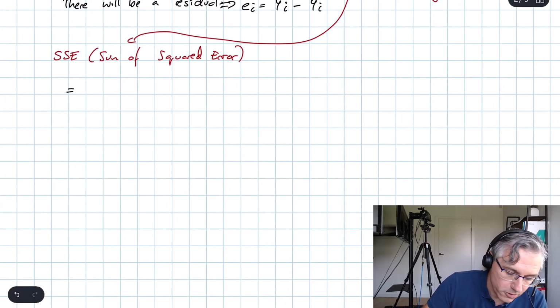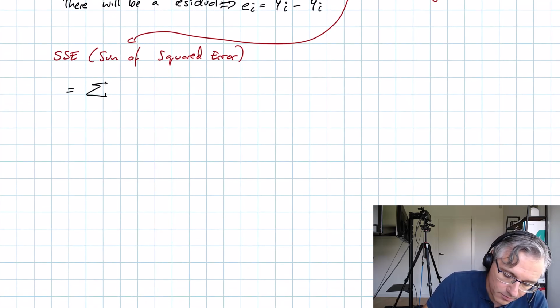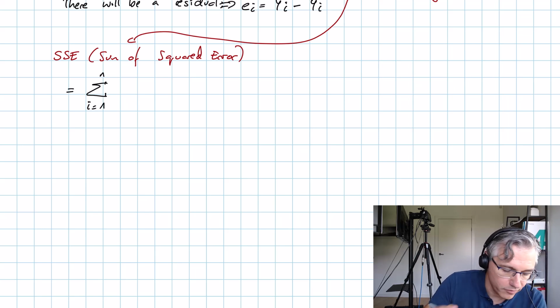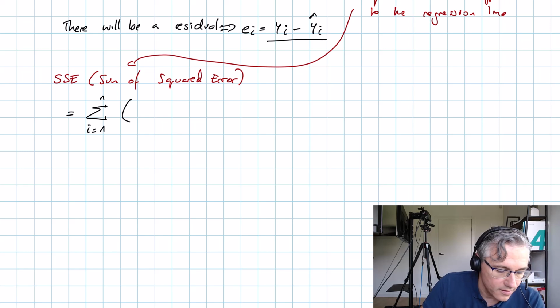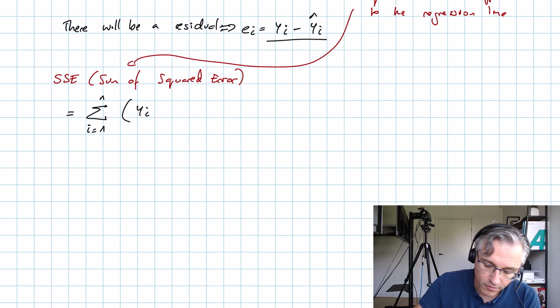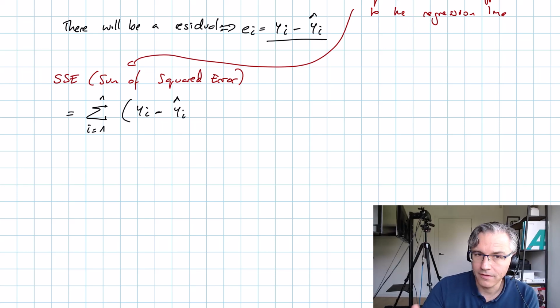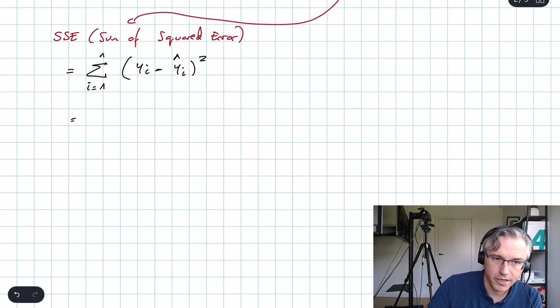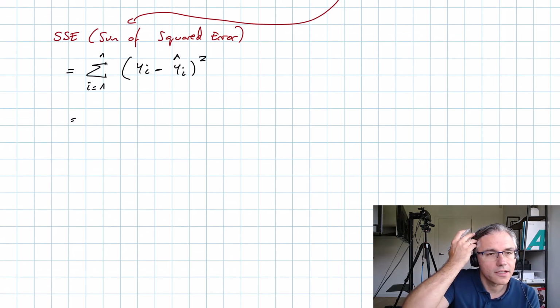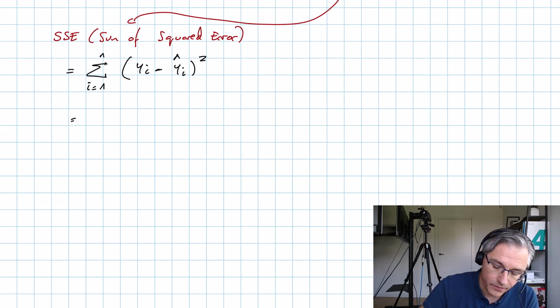So the sum of squared error is the sum of, starting with 1, finishing with n, all of these differences: the actual value of y versus the value for y that's predicted under our regression model using the regression coefficients that we got, squared. If we don't square, the positive differences and the negatives offset one another.